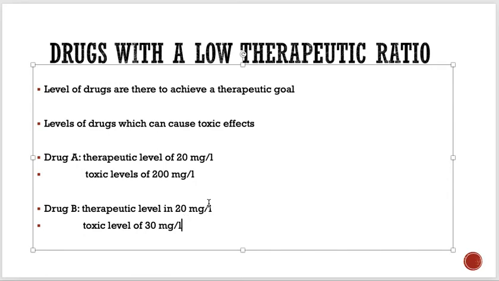So simply, drugs with a low therapeutic ratio have a small difference between helpful blood levels for treatment and toxic levels.